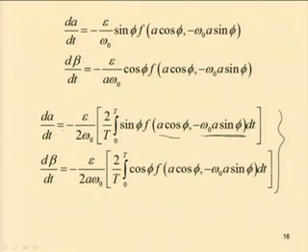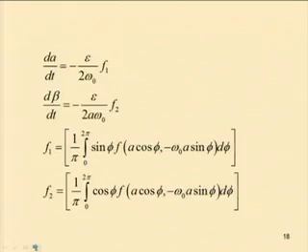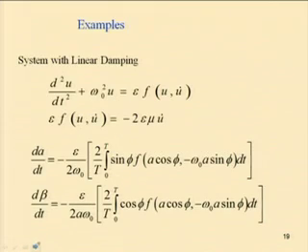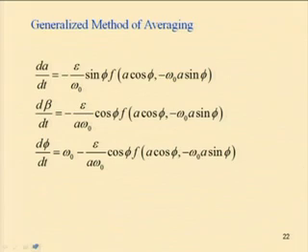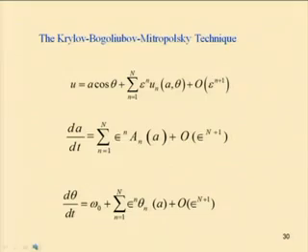So, this is the method of Krylov and Bogoliubov, but in the case of Krylov, Bogoliubov and Mitropolski, there is a modification of this equation. Instead of using that integration, the solution can be assumed in this form: a cos theta, where theta equal to omega 0 t.